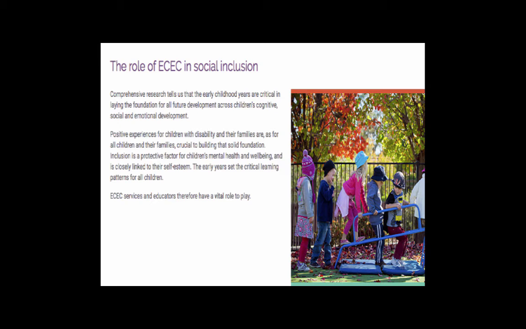The other thing that this slide does not say, but is very important, is that a positive experience and a normal experience of children interacting with each other and understanding difference as a strength, seeing diversity as normal, not abnormal, is a really powerful position for children to come out of those early years with.